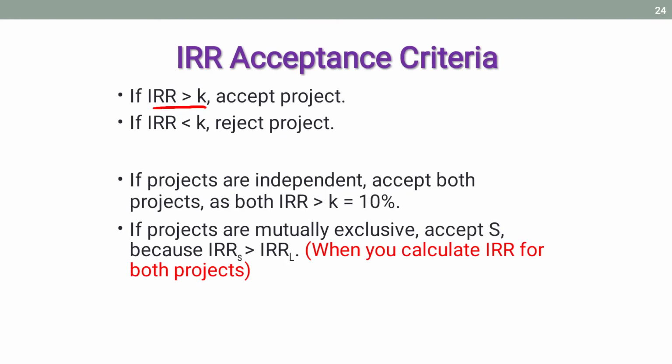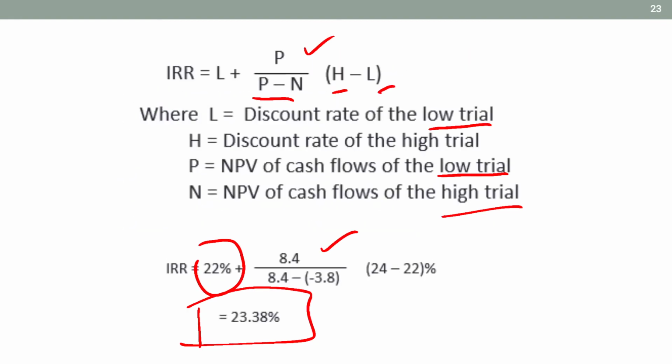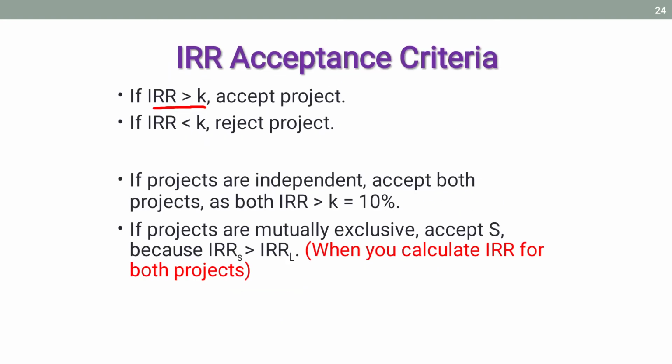Wait, it should be 15%. So 23.8%, right? The criteria for the decision is if IRR is greater than K, then you can accept the projects. So this should be 15%. It's a mistake.